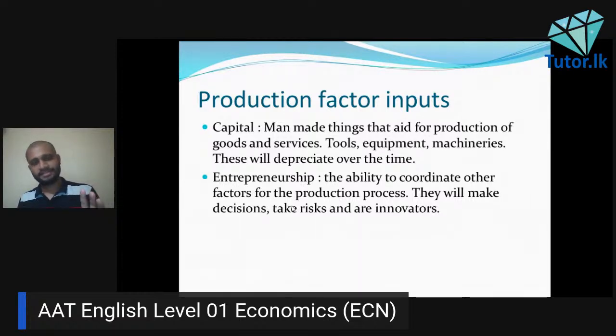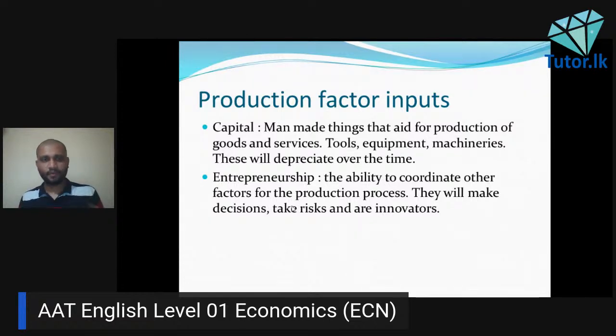These are the people who will make business decisions and take the risk of the business, and they should have innovative ideas for coming up with new products. Entrepreneurship is a person or a skill who will coordinate all the three other factors in order to smoothly run the business process.